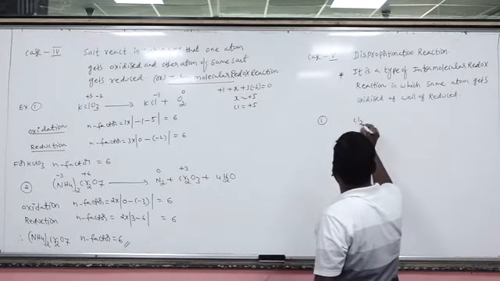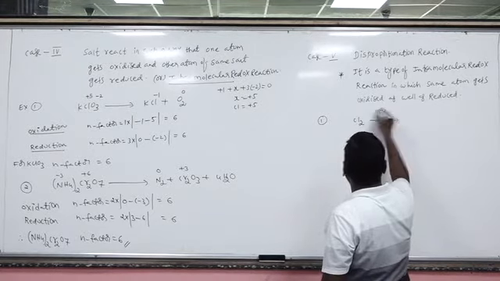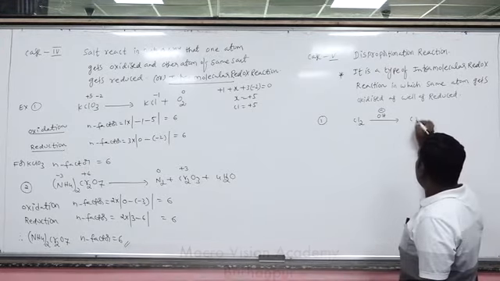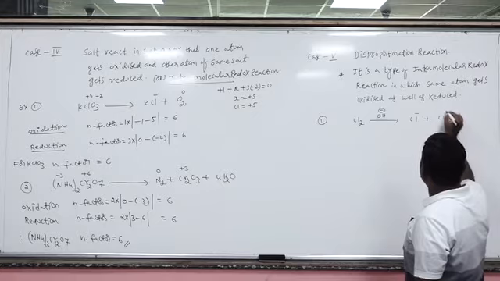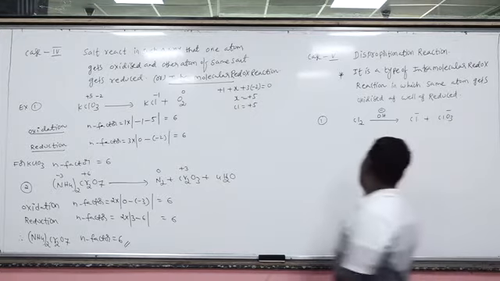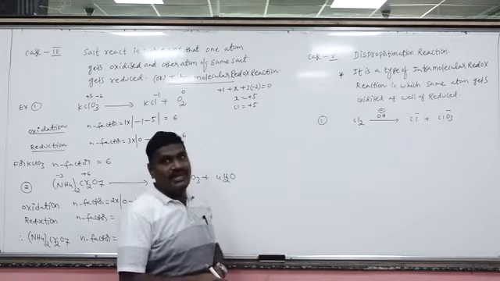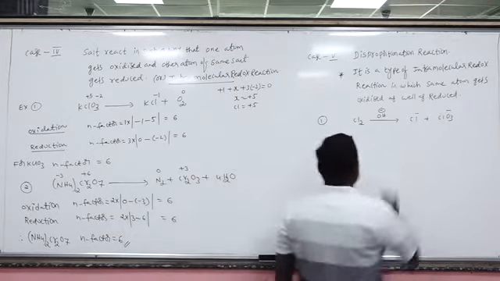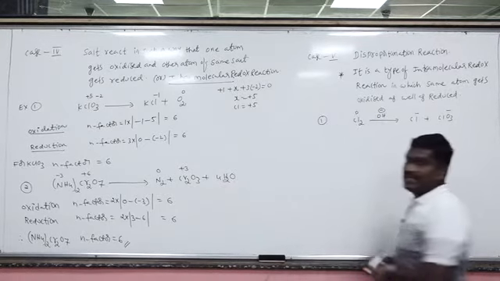Now, let us take one example. Chlorine in alkaline medium is converted into chloride ion and chlorate ion. This is an example of a disproportionation redox reaction. Here, chlorine in the elementary state has oxidation number 0.